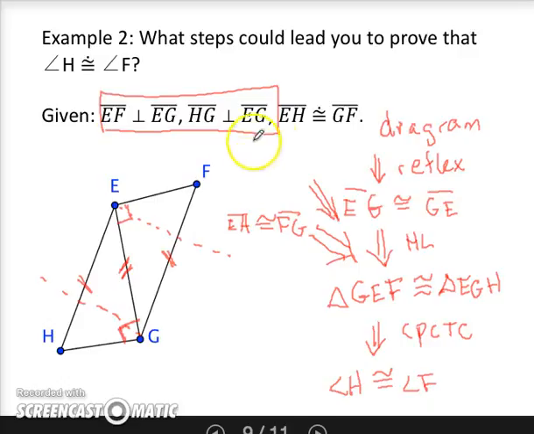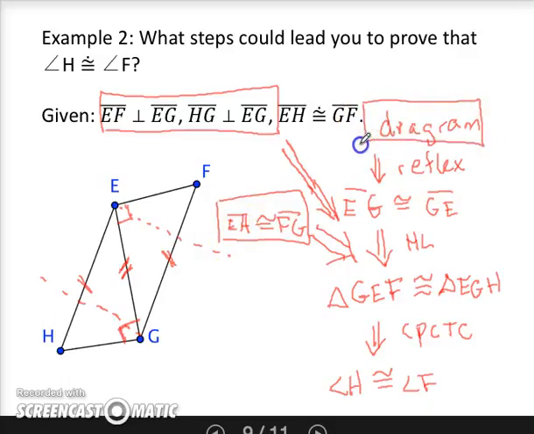I'm just going to put that on the end of this arrow. Okay, so that's a given, this was a given, and the diagram was a given. So what I've used in the order that I used them was the reflexive property, the HL theorem, and CPCTC.